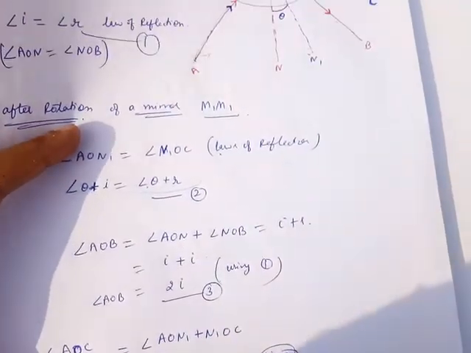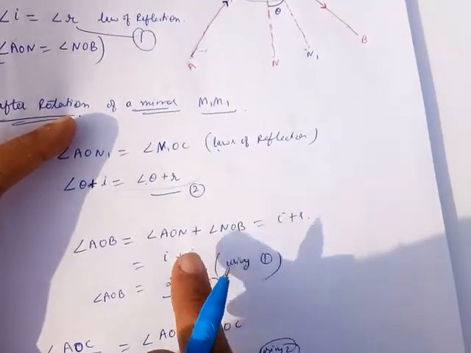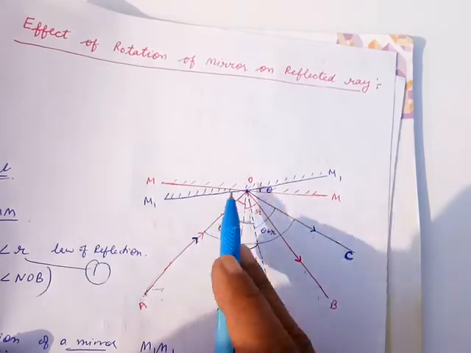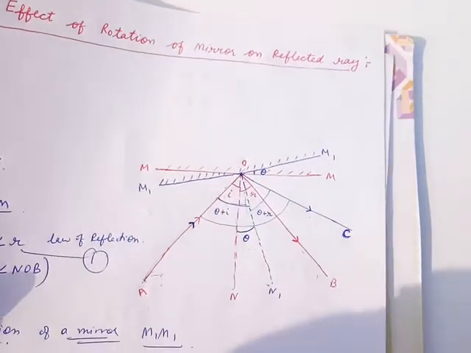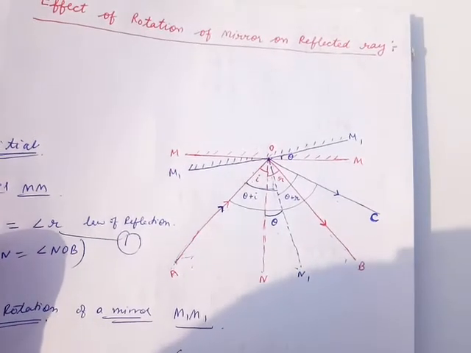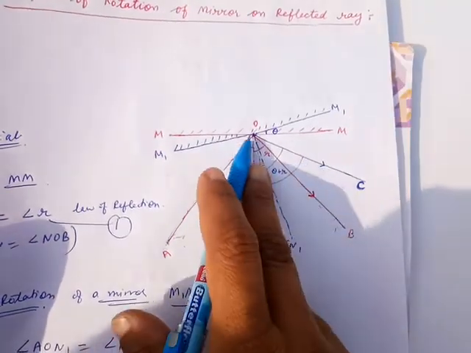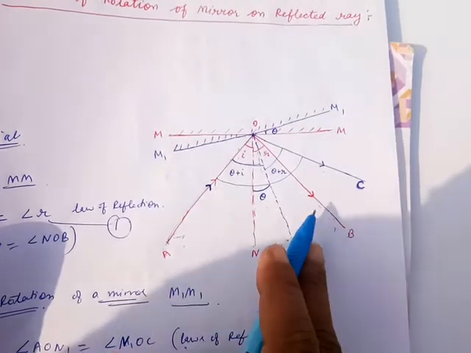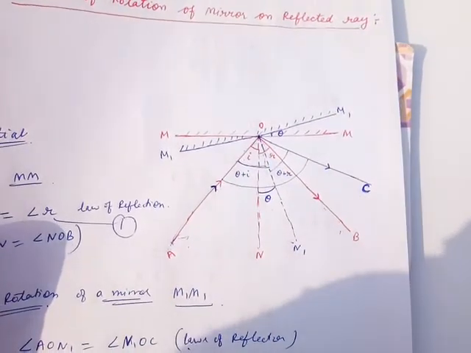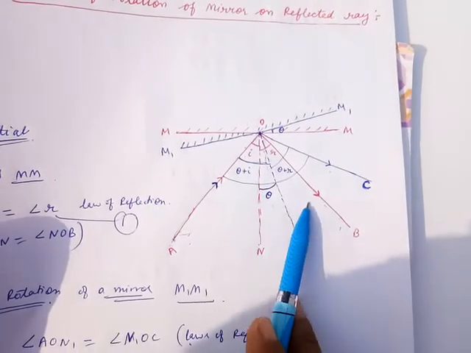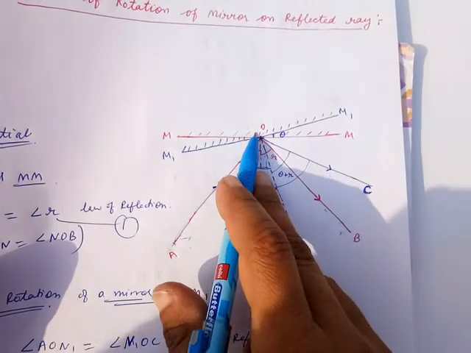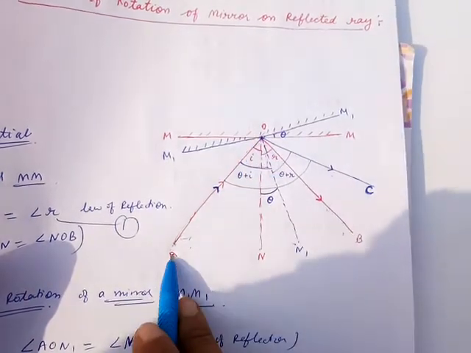Now we have the equations: the total angle AOB and the total angle AOC. Now we want to find the shift in the reflected ray. The shift in the reflected ray is BOC. How can we find BOC? To find this shift, we have to subtract angle AOB from angle AOC.